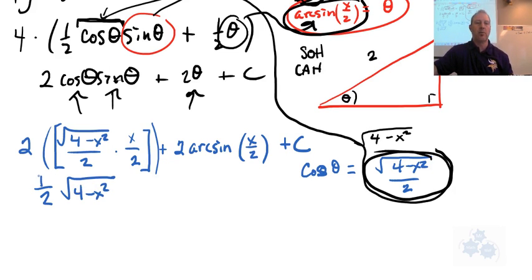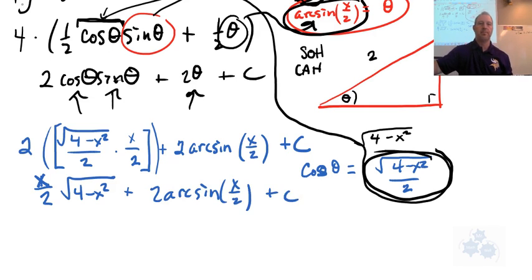You can put an x over 2, 1/2 times x if you want, or just an x over 2. Might be easiest. So that's what we get here. And then plus our 2 arc sine of x over 2 plus c. So that's what this integral is going to be equaling here.